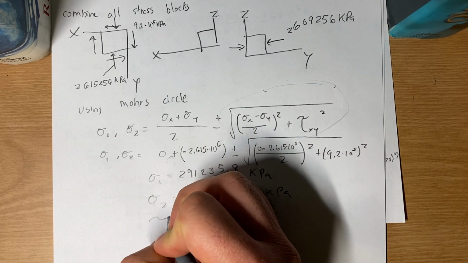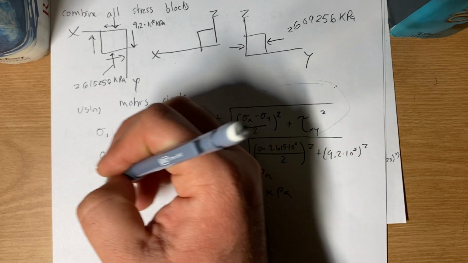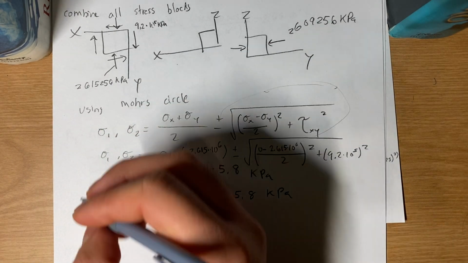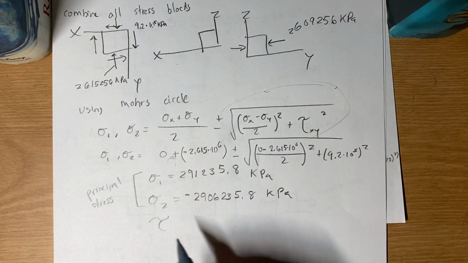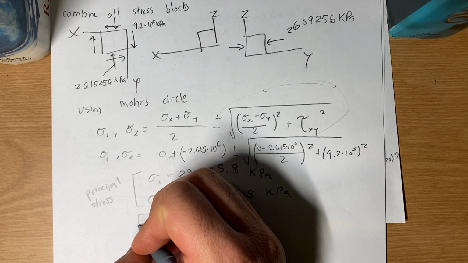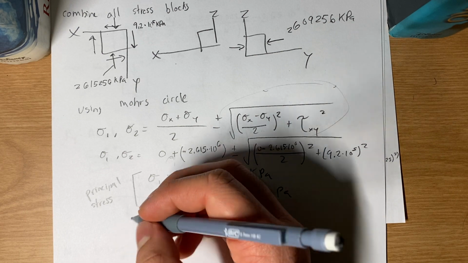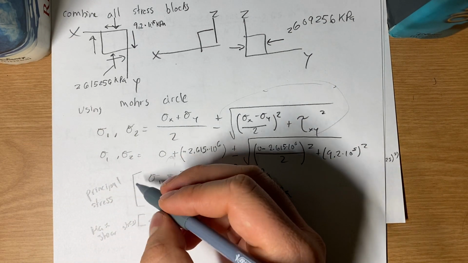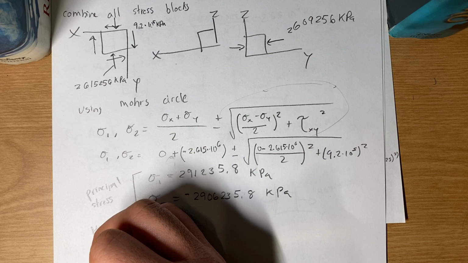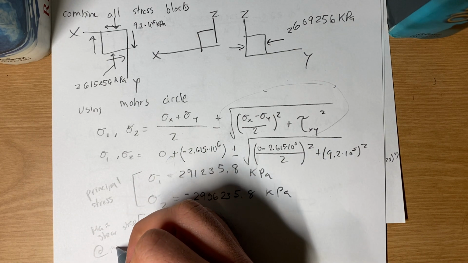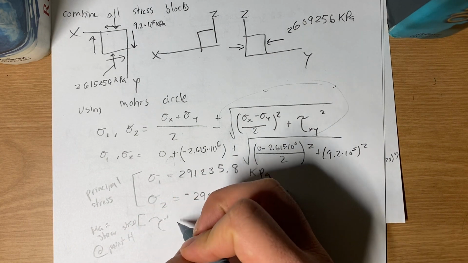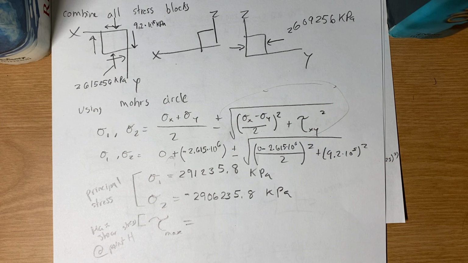So these are my two principal stresses. Anyways, that is stress. And then this is my maximum shear stress, at point H. So my tau max equals, let me do that real quick.